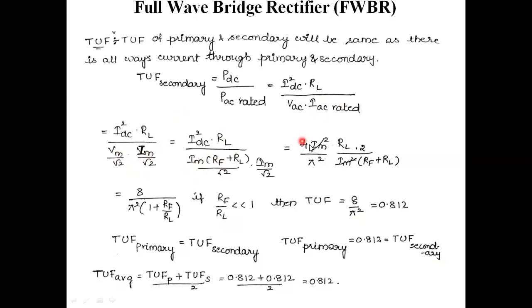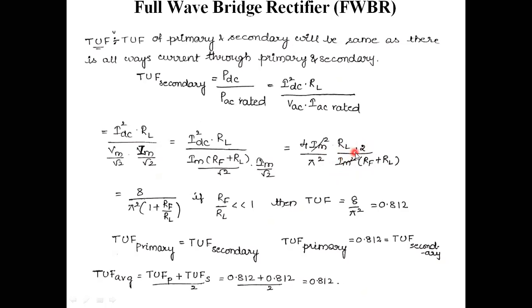After simplification, IDC means Im by pi. After substituting those values here, finally we can acquire the term like this: 4 by pi square into 1 by 1 plus RF by RL.